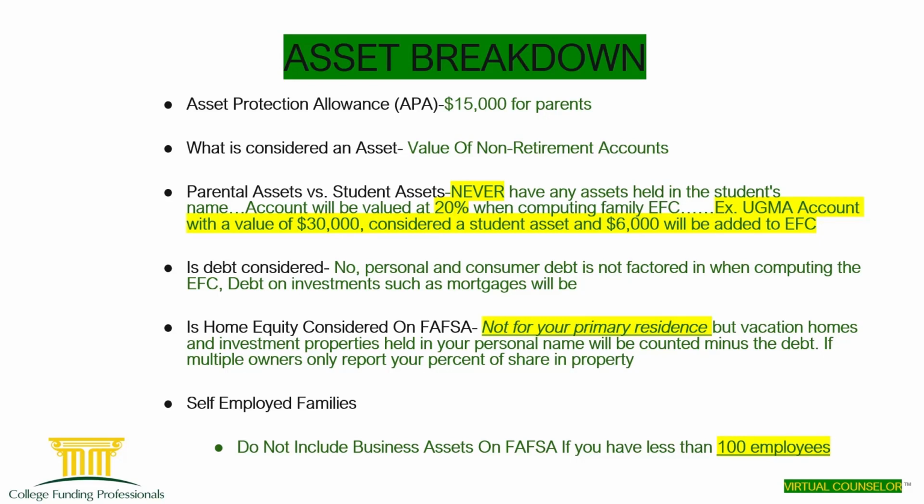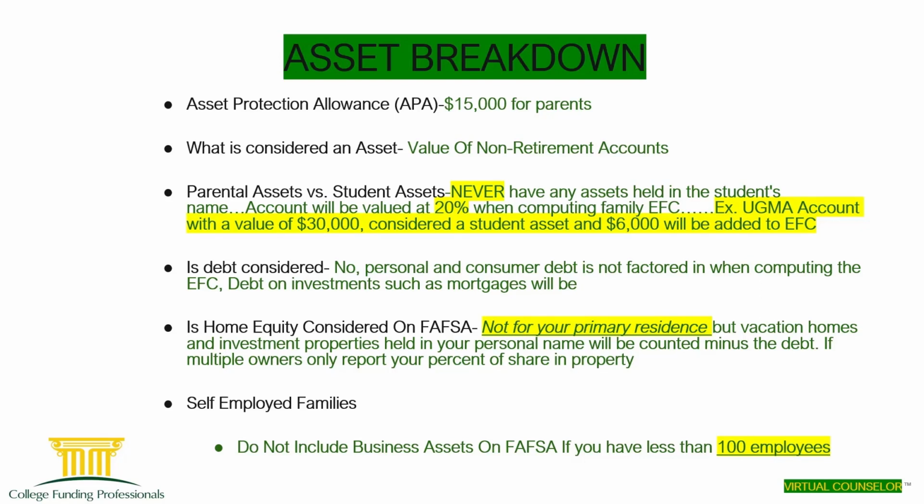So, quick example. Let's say you have a UGMA, which is a Uniform Gift to Minors account. All right? And it's valued at $30,000. Well, that's considered a student asset, not a parent asset. So they're going to take 20% of that, and they're going to add $6,000 to your expected family contribution. Well, Mike, what about the $15,000 APA?